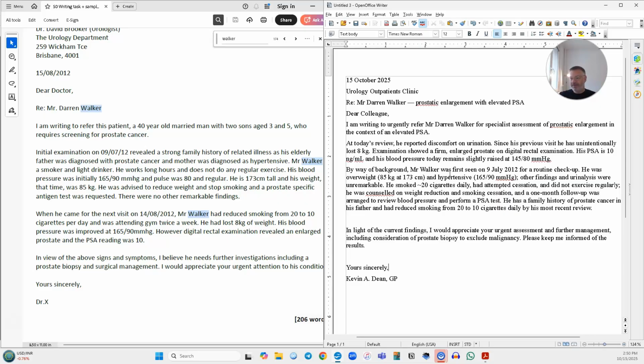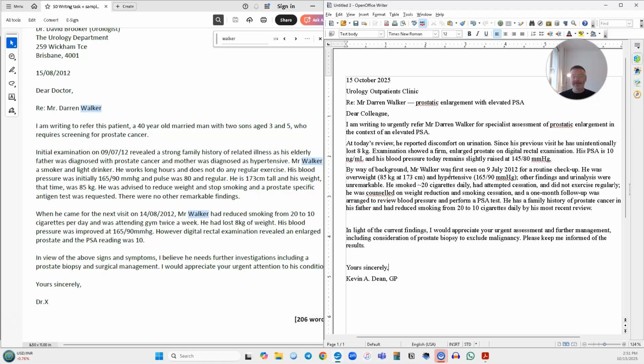Okay. Look at the rewritten version. I'm writing to urgently refer Mr. Darren Walker for specialist assessment of prostate enlargement in the context of an elevated PSA. Now, as you should know, with urgent referrals, today's visit, with the chief condition, the chief issues, the chief symptoms, comes in paragraph 2, every time.